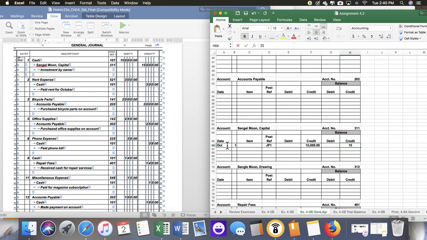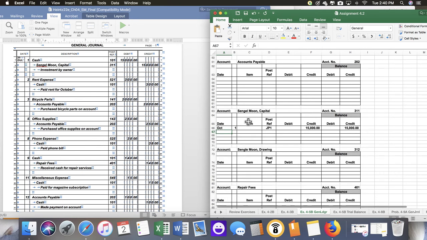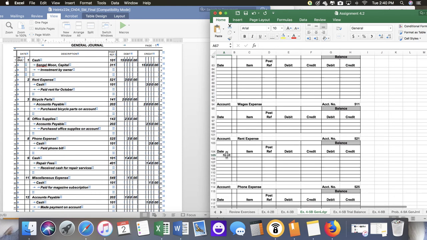So essentially what we're doing is we are just copying exactly from the journal to the ledger. So it's a bit tedious, but you need to make sure that you go slowly and follow everything. It may help to print the journal out so you can just check mark once you've recorded something so you don't forget anything.